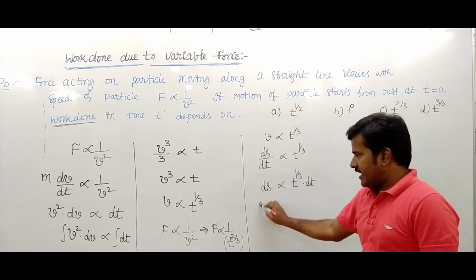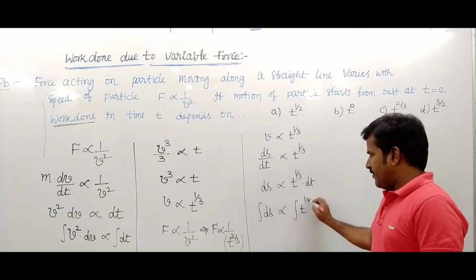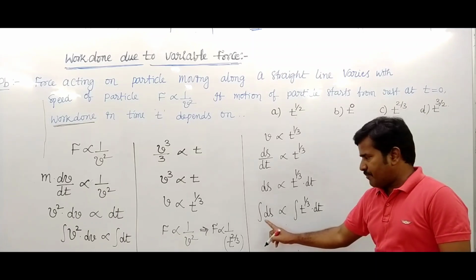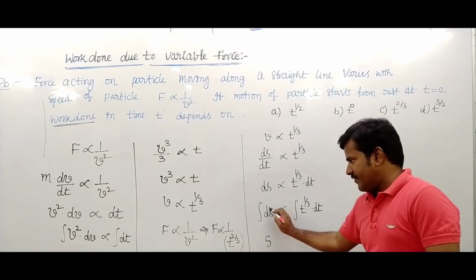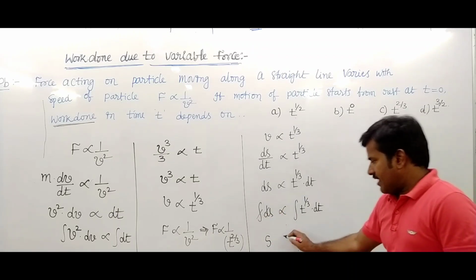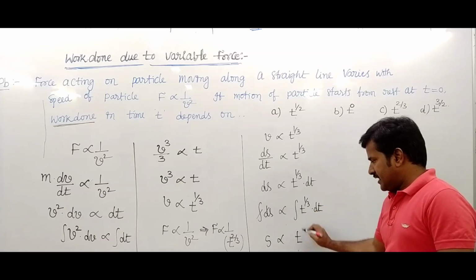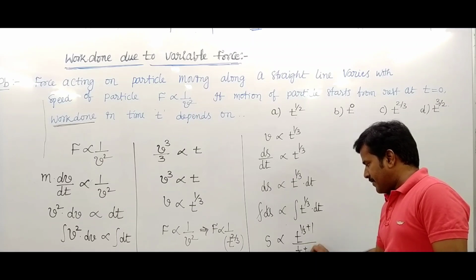Integrating on both sides, integration of ds is proportional to integration of t power 1 by 3 into dt. The displacement is written as integration, the differentiation is cancelled. So S is proportional to t power 1 by 3 plus 1 upon 1 by 3 plus 1.